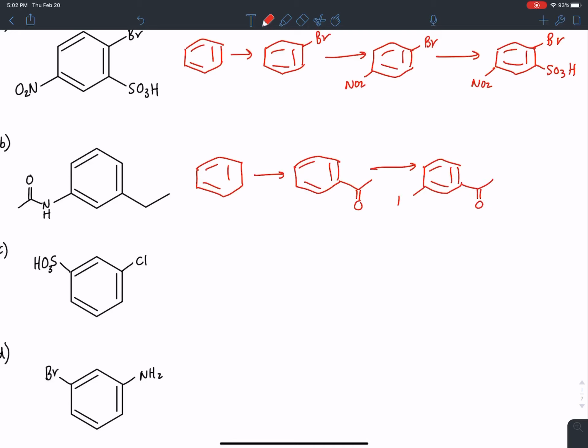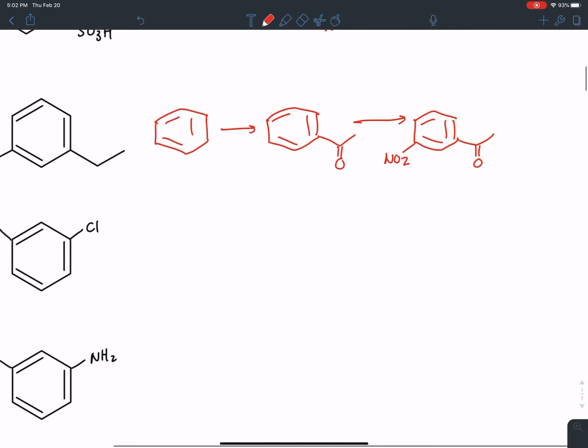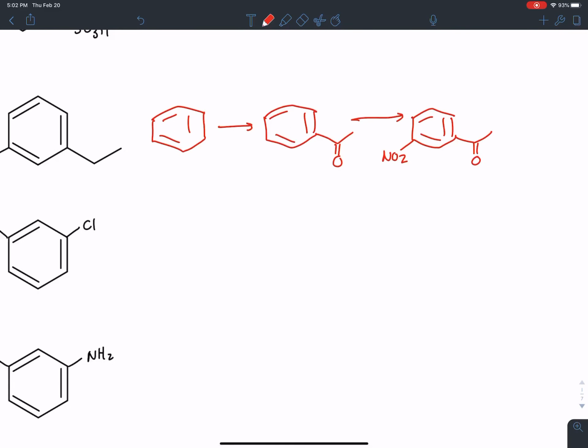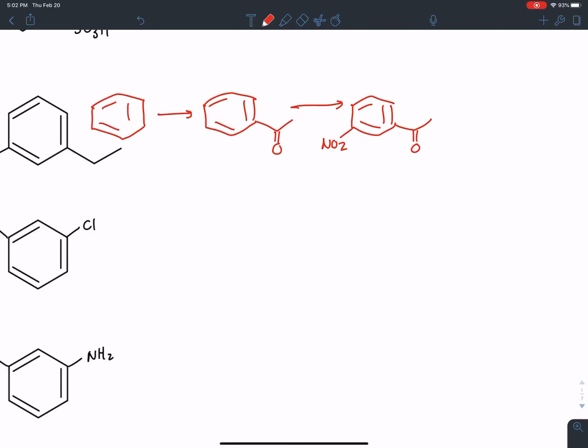Now we got the NO2. Now we have to reduce the NO2 to the NH2. So here we're kind of doing two steps in one. To reduce a double bond O to the single bond, and to reduce a NO2 to NH2, all you have to do is zinc amalgam with HCl, and it actually gets rid of both of them. So in doing that, I would get this and NH2 at the same step.